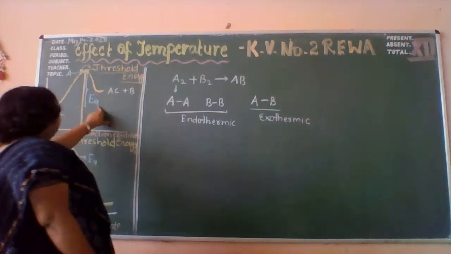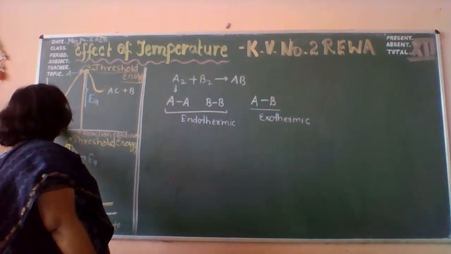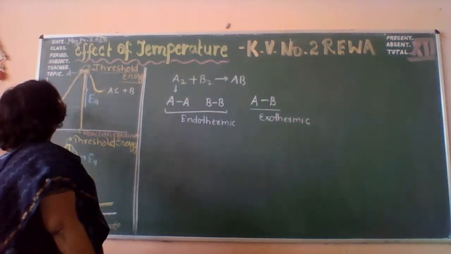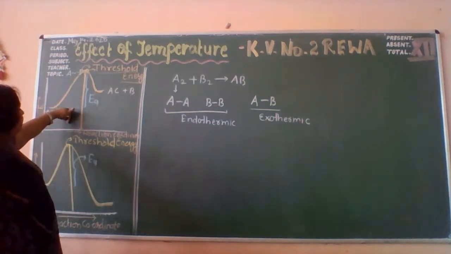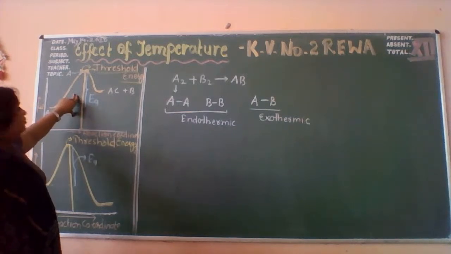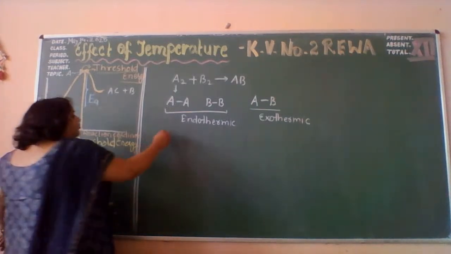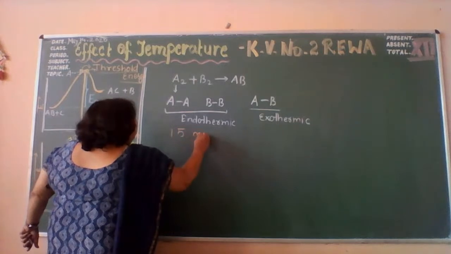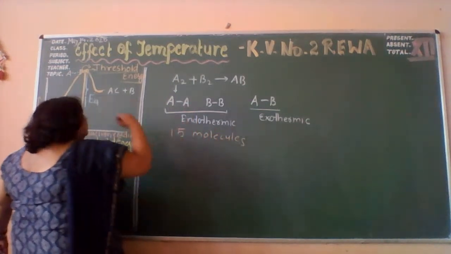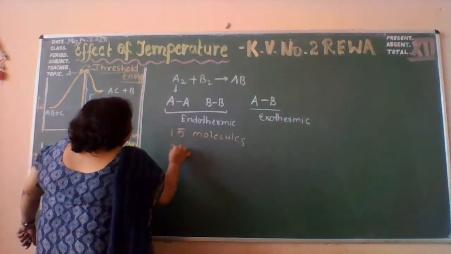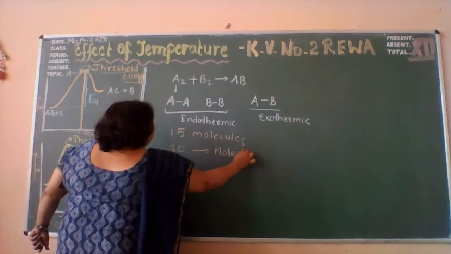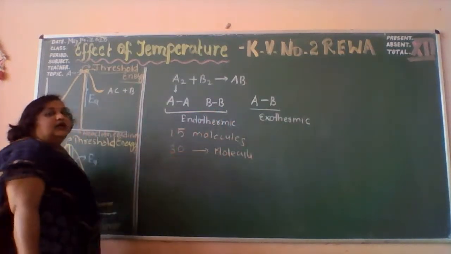Similarly, here also the reactants go to the maximum level. Whenever the energy you are providing is absorbed by a larger number of molecules. Earlier, the number of molecules participating was 15. Now, what has happened? Some more molecules, suppose now 30 molecules, have absorbed the energy and are participating in the reaction.